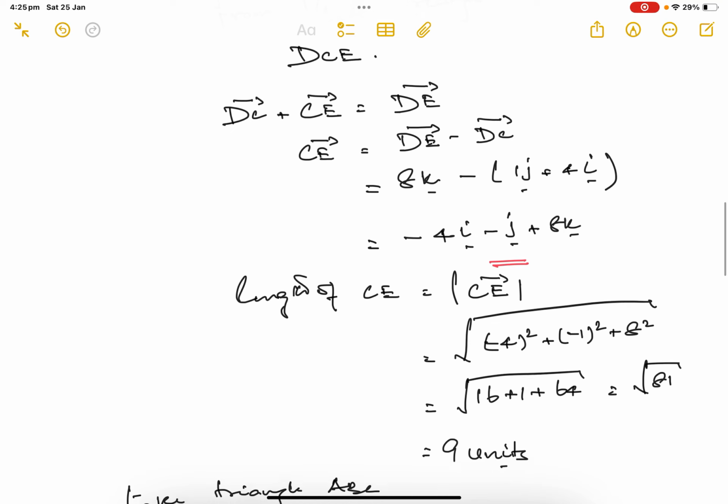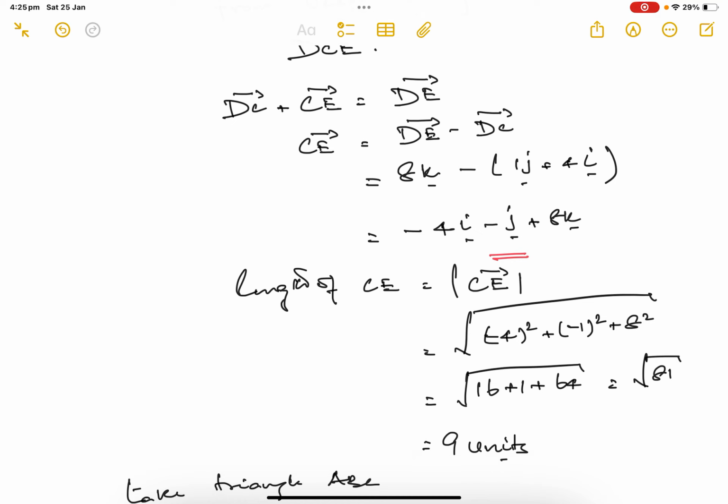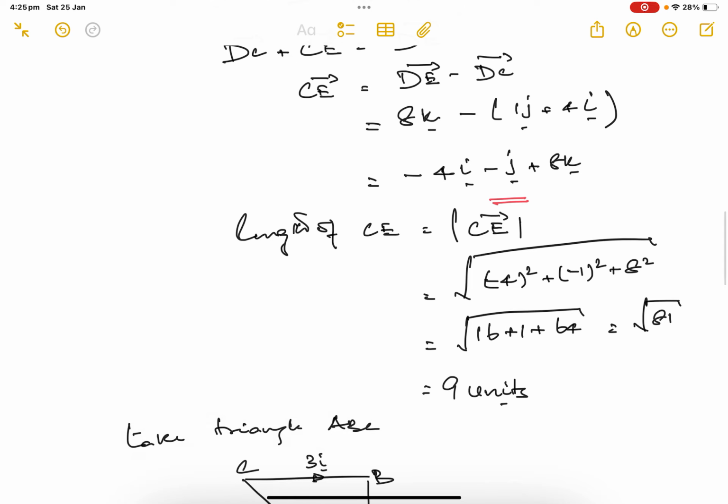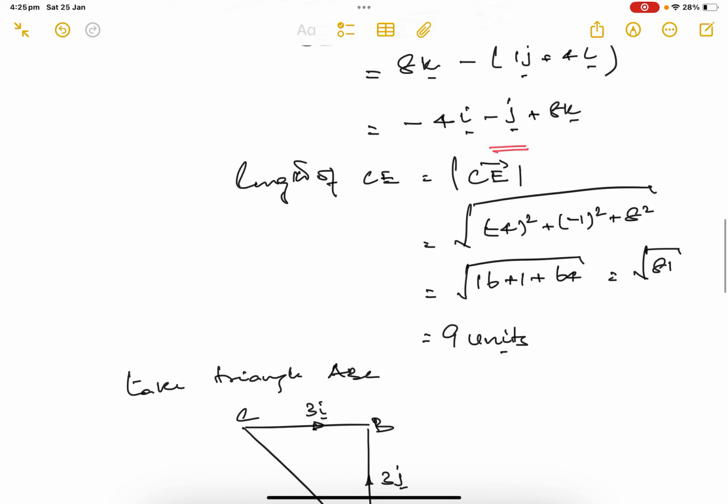That's the first part. The second part of the first question is we need to find the length of CE. The length of CE is the modulus of the vector CE: the coefficients of i, j, k squared, and the sum of that squared.